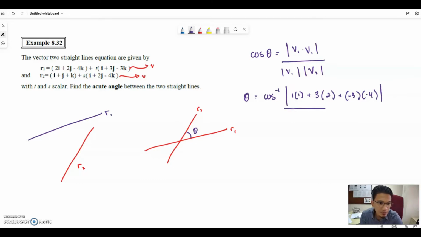Don't forget to take the modulus of the value. Then the magnitude for V1 is the square root of 1 squared plus 3 squared plus negative 3 squared. And the other one also has a square root: 1 squared plus 2 squared plus negative 4 squared.